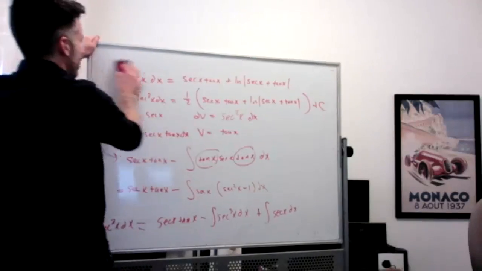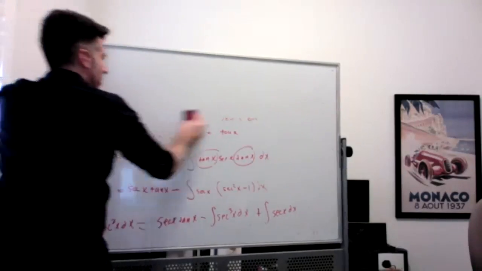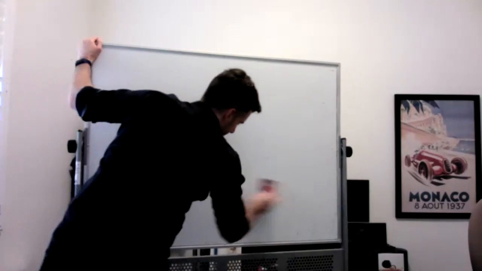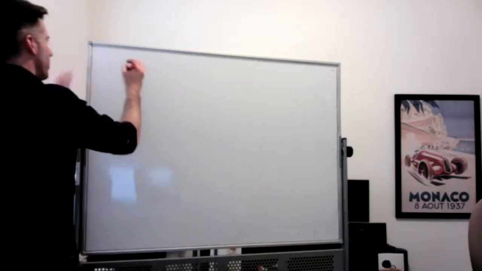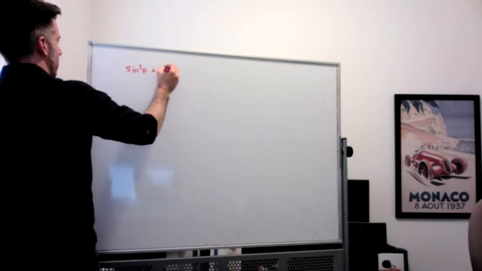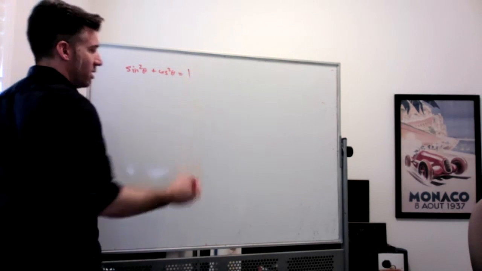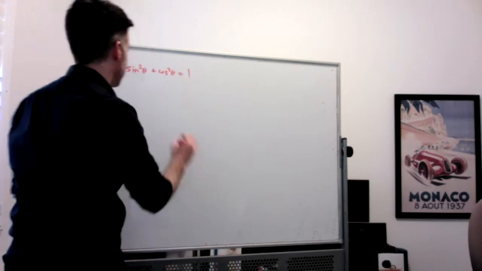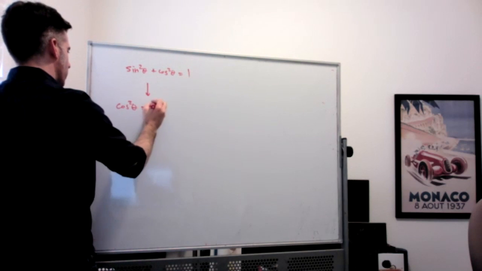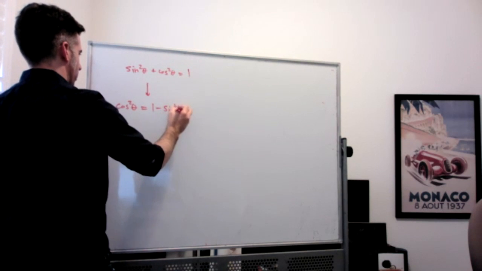So here are my 3 trig identities. Really, it's only 2 trig identities, but we are messing with them. The first is sine squared theta plus cosine squared theta equals 1, but we're going to rewrite it as cosine squared theta equals 1 minus sine squared theta.